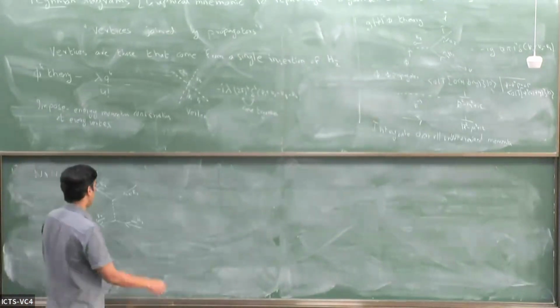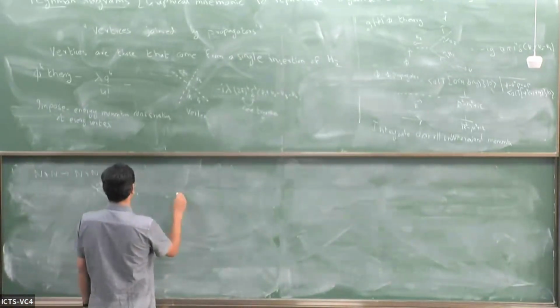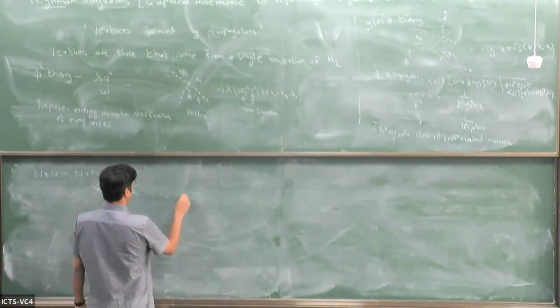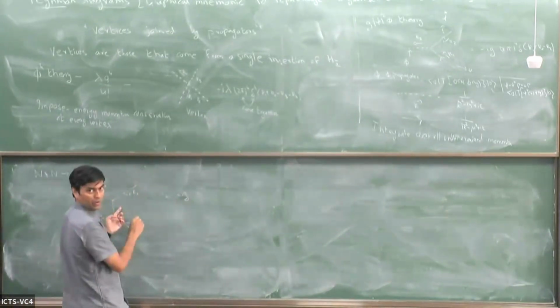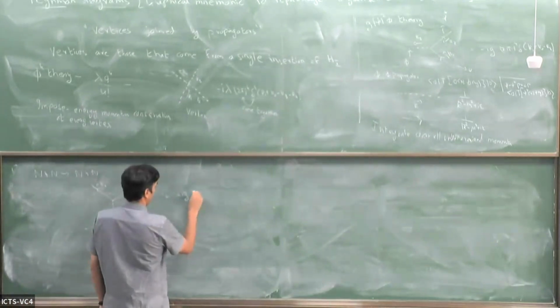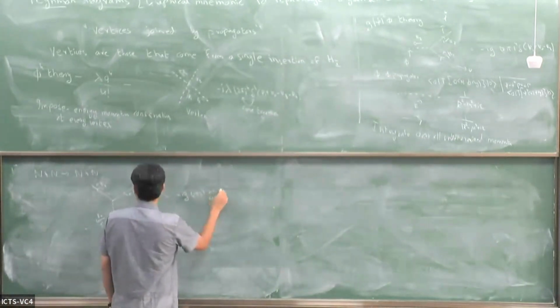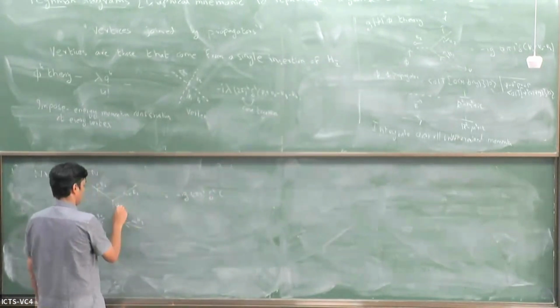The value of this diagram is, so we have minus ig from here. We get a 2 pi to the 4 delta 4. Let's call this momentum p.